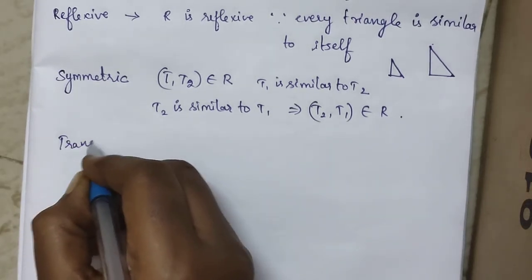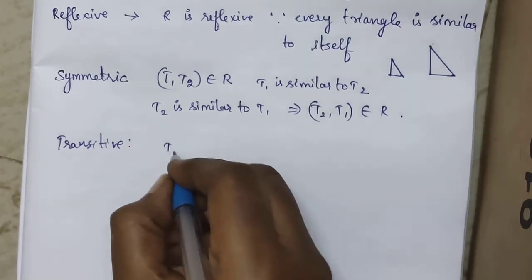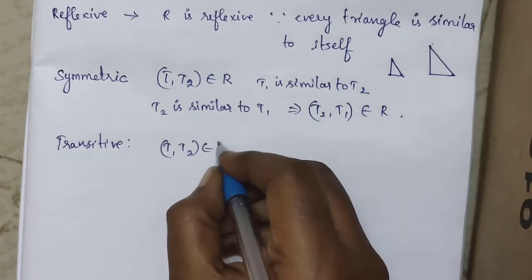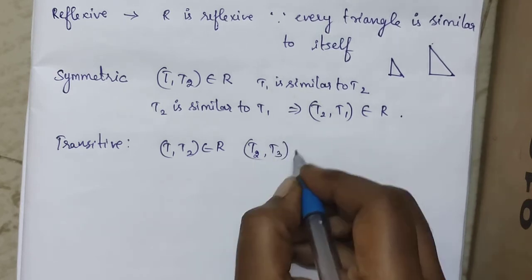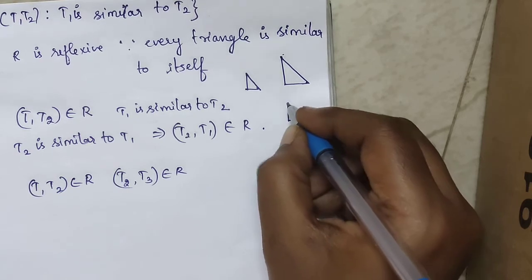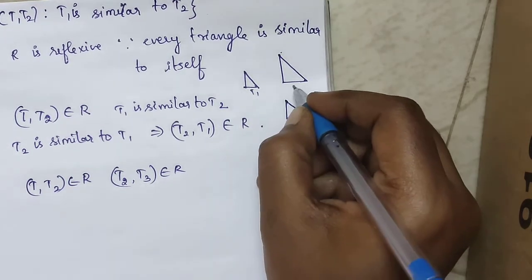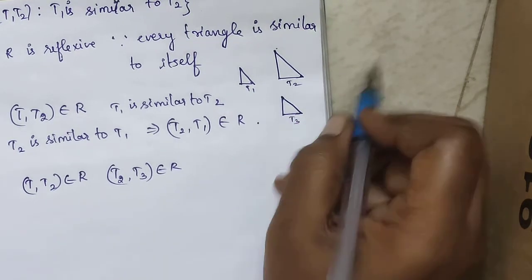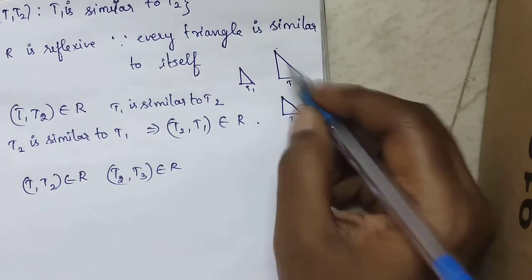Now transitive. (T1, T2) belongs to R and (T2, T3) belongs to R. Now let us take the third one. This is T1, this is T2 and this is T3. T1 and T2 are similar, and T2 and T3 are similar.